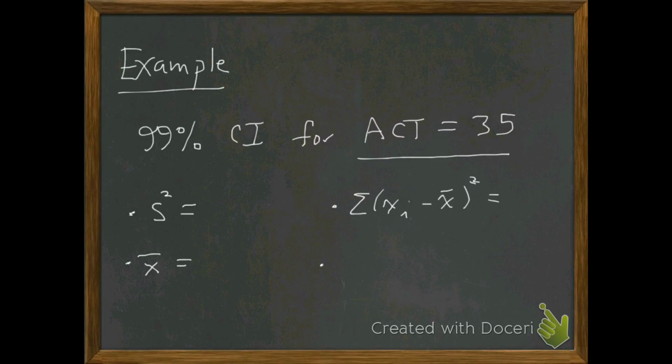And then obviously we need the predicted value for when ACT is equal to 35. So I'm going to fill some of these out. I'm just going to use the calculator because it's handy and dandy.